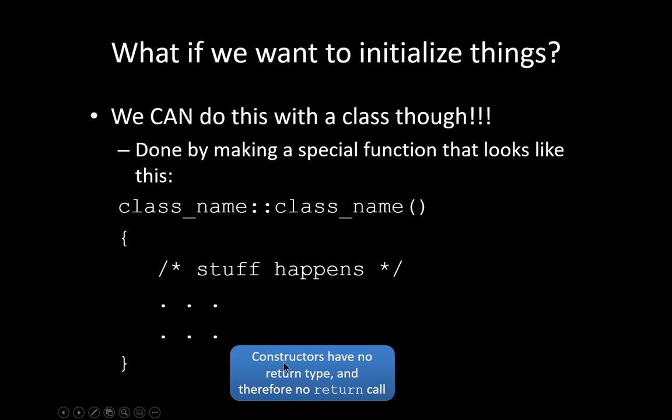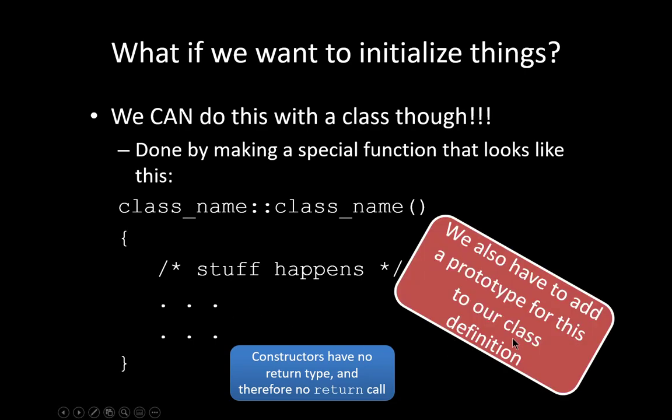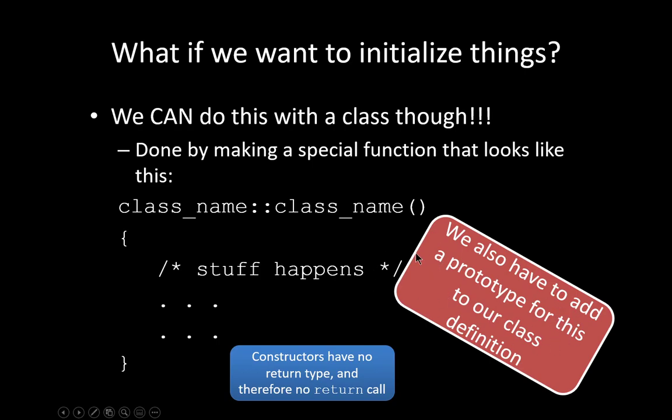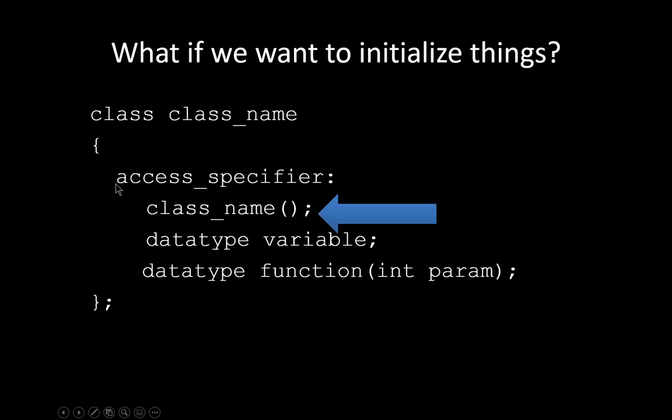So you can use this function to set up all of the nifty stuff, like initializing your variables, setting up your current pointer, your next pointers, or whatever for your classes. But you also have to make sure there's a prototype for this as well in your class definition. So usually under your public access specifier, you put your class name, as if it were a function.